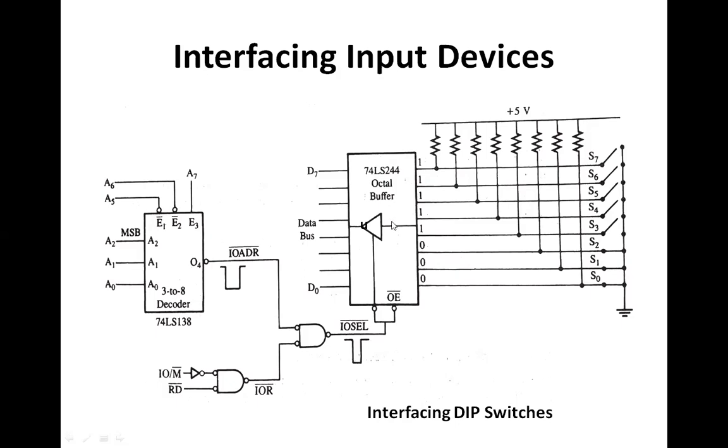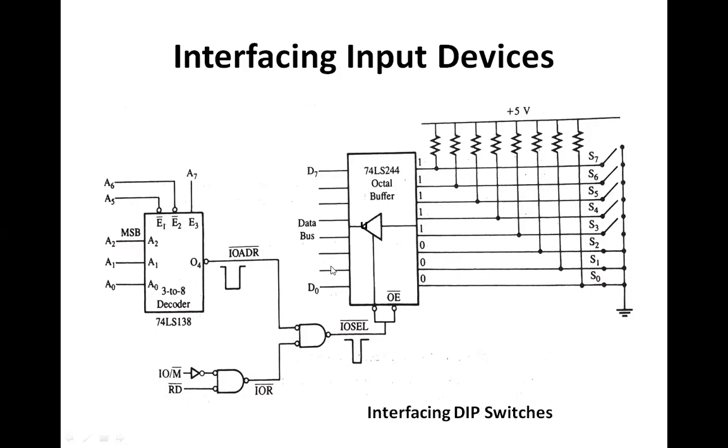Another circuit which is being used in this circuit is the 74LS244, that is the octal buffer. And this octal buffer will be used to interface the switches to the data bus, meaning thereby whenever this information which is coming from these switches from S0 to S7, it will be transferred to the data bus.